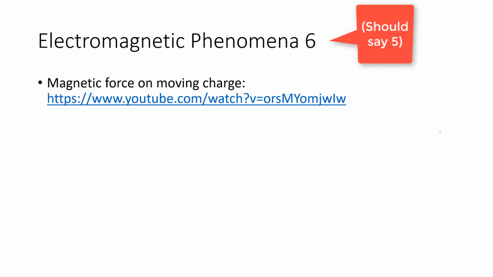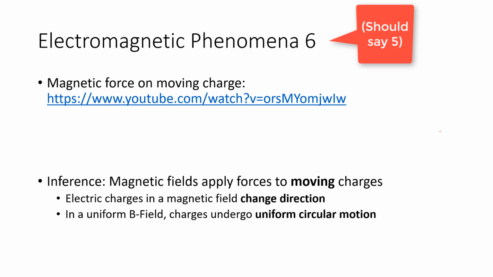Okay, so let's look at this last phenomenon, the magnetic force on a moving charge. From this, importantly, we can see that if we have a magnetic field, it applies a force to a moving charge.